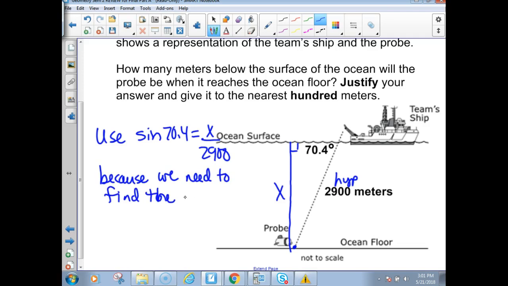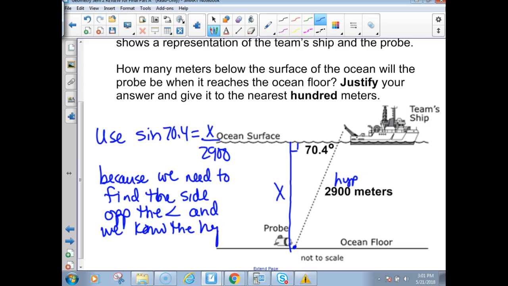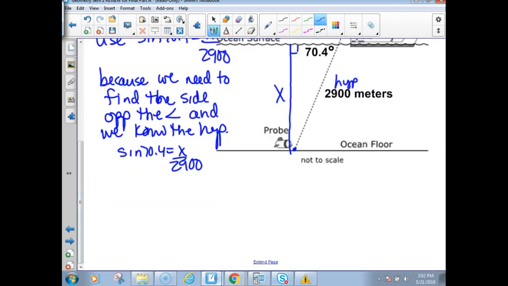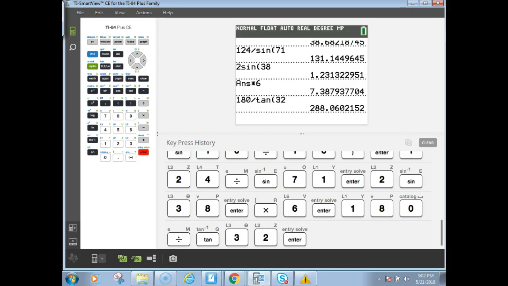We need to find the side opposite the angle, and we know the hypotenuse. Okay, so sine 70.4 equals x over 2,900. Let's calculate it. So we need to do 2,900 times the sine of 70.4.